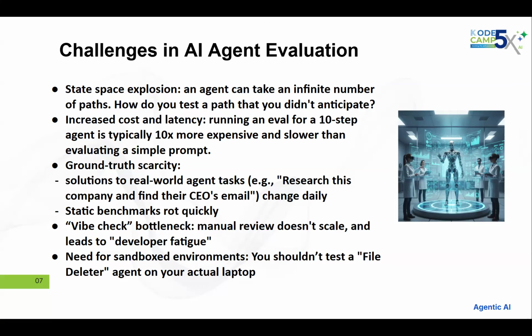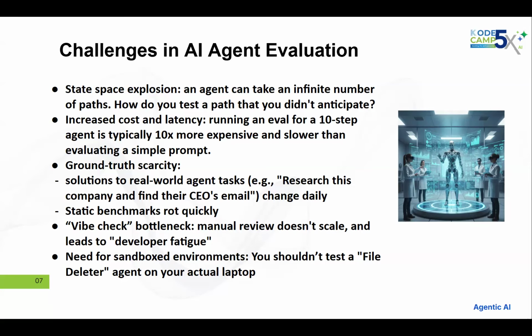So what you have in your golden data set at this point may not be valid by next week or by next month. That means you need to keep updating your golden data set for such dynamic items of information. So static benchmarks may rot quickly for real world use cases of agentic AI.